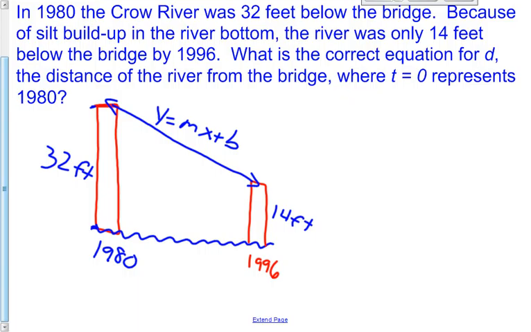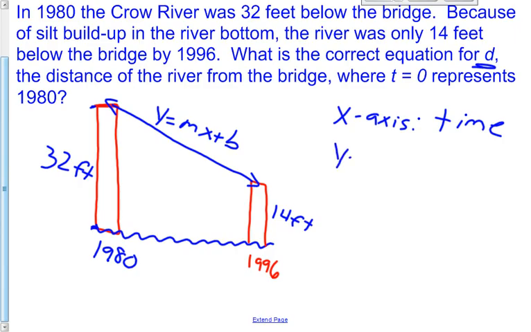Now it says, what is the correct equation for D? That's the distance of the river bottom, where t, that's time, equals 0 represents 1980. So when we're used to seeing the x-axis, instead, that is going to be our time parameter. So t time is going to be our x-axis.